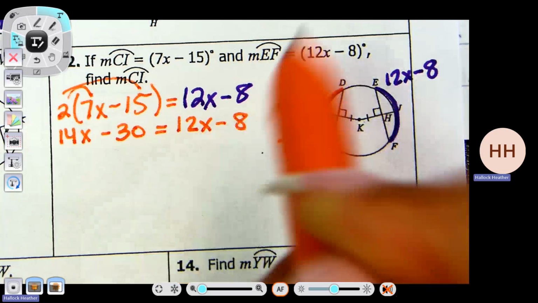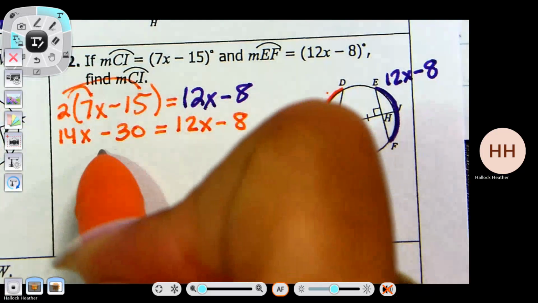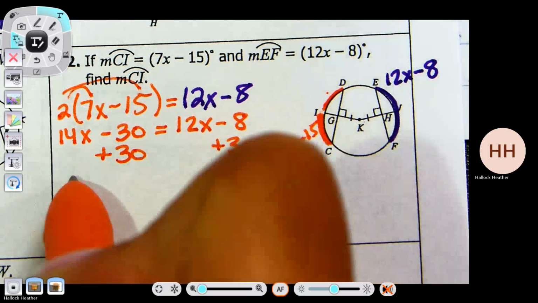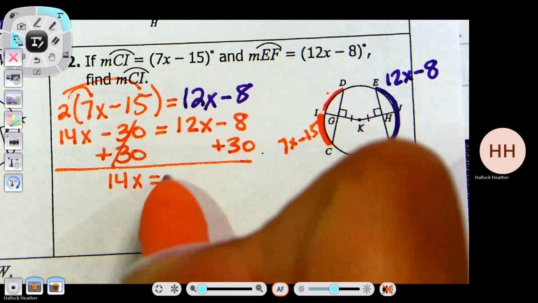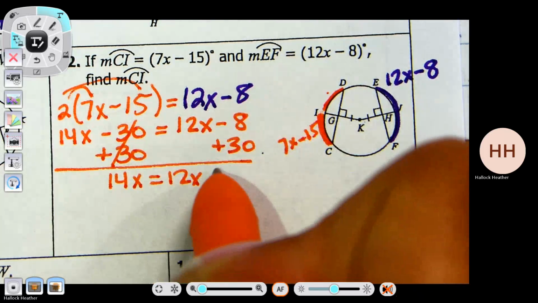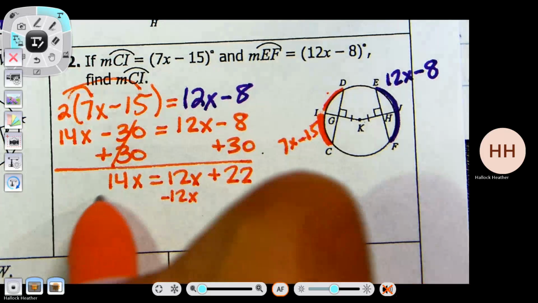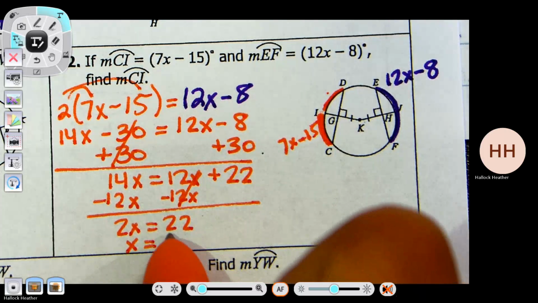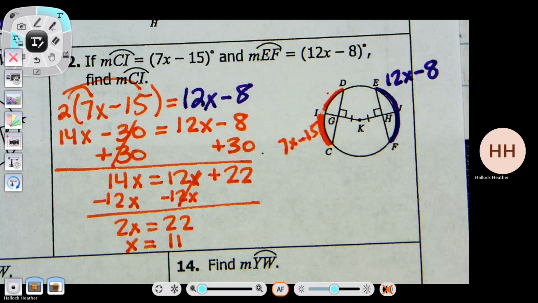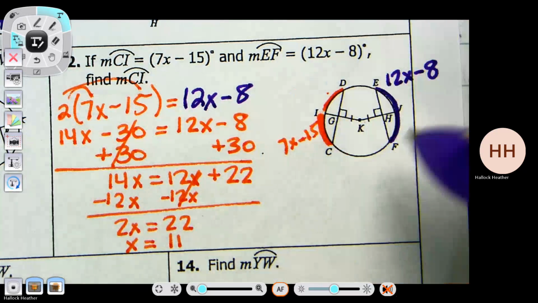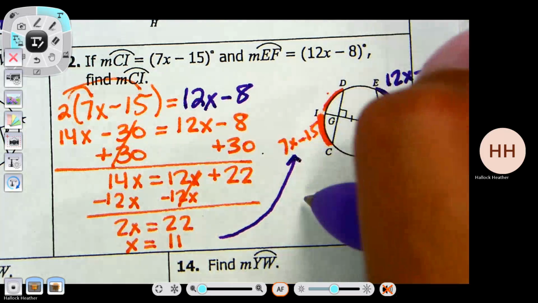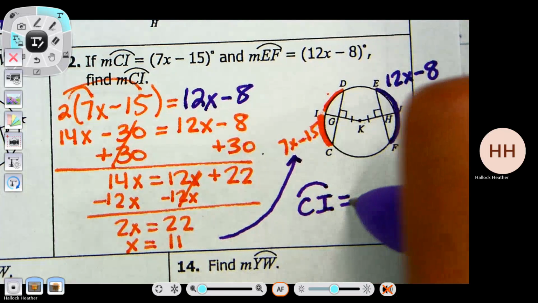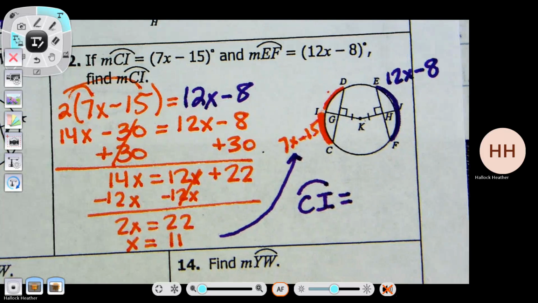It doesn't technically matter, but I would add 30 because the 30 is a bigger negative number. What is it? 62.